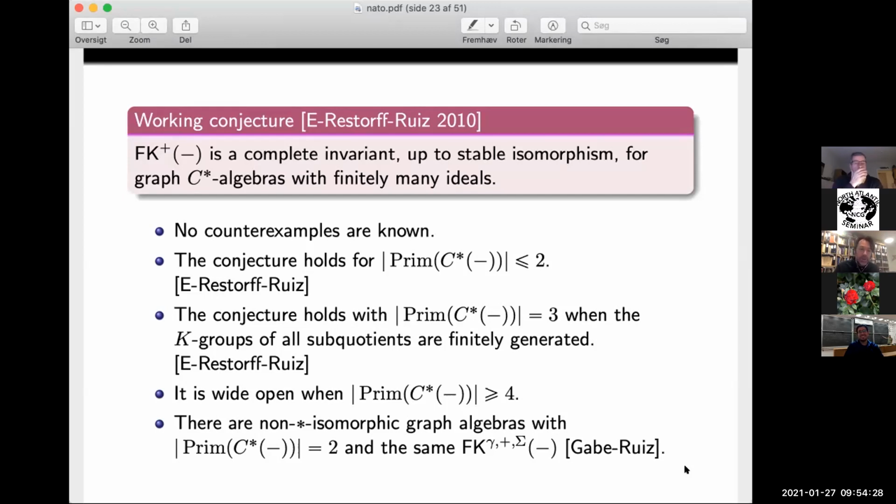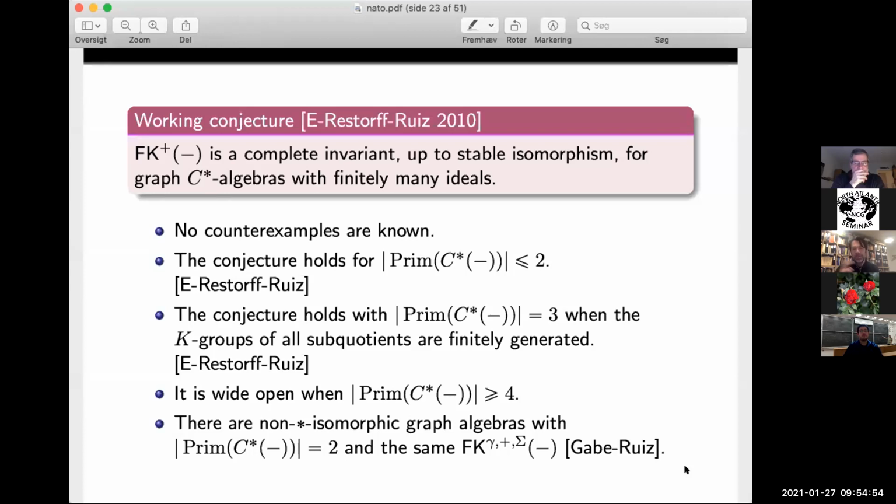We worked very hard on this, not recently, but we could prove it in the one primitive ideal case. What I mean is, if you have a unique ideal in the C-star algebra, then you have 2 points in the primitive ideal space.